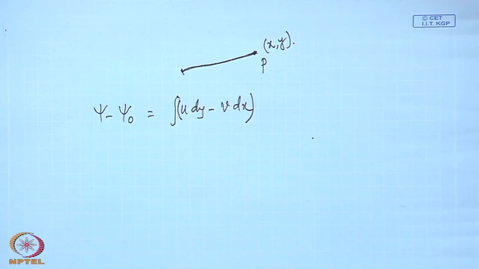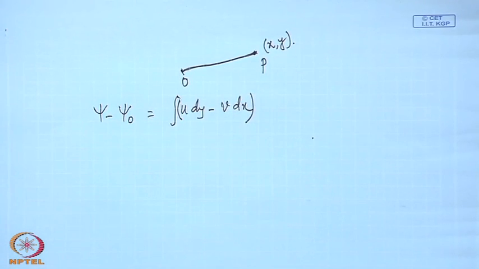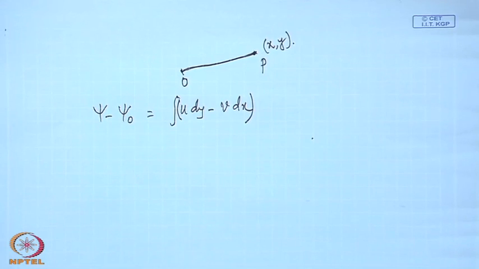If this line OP is translated in the z direction by a unit distance, it will trace a surface of unit width. Think of that surface and then tell what is the meaning of this integration.